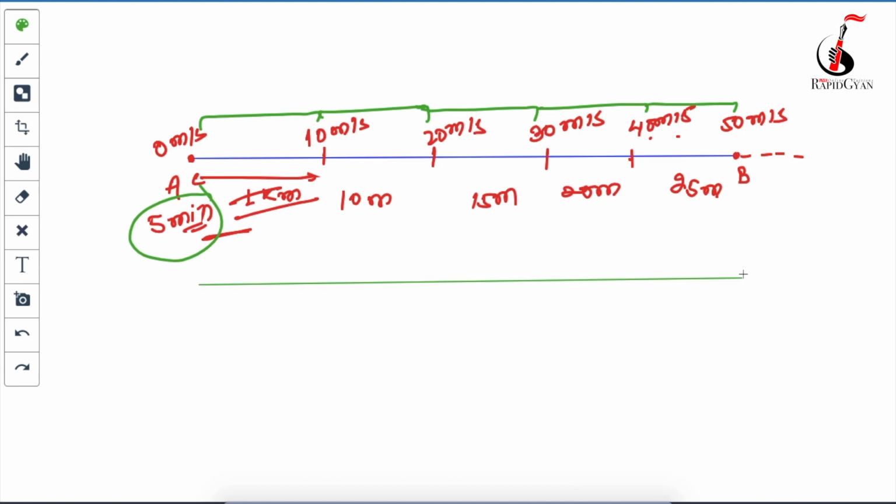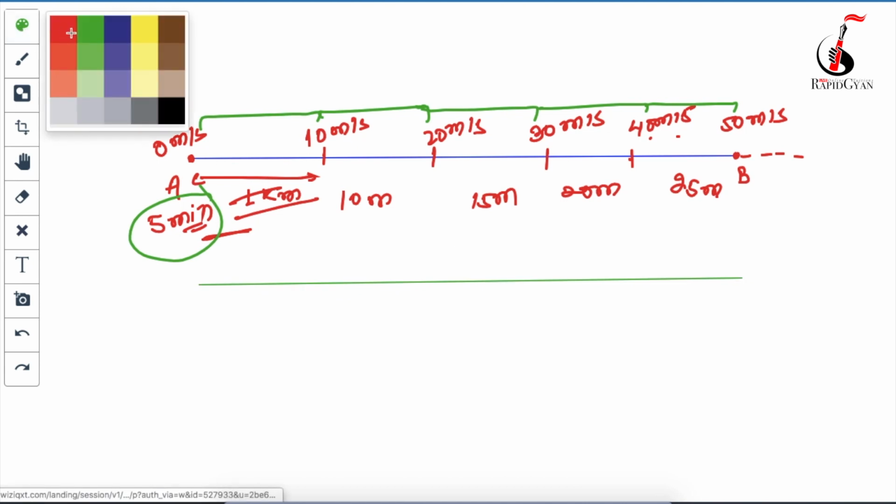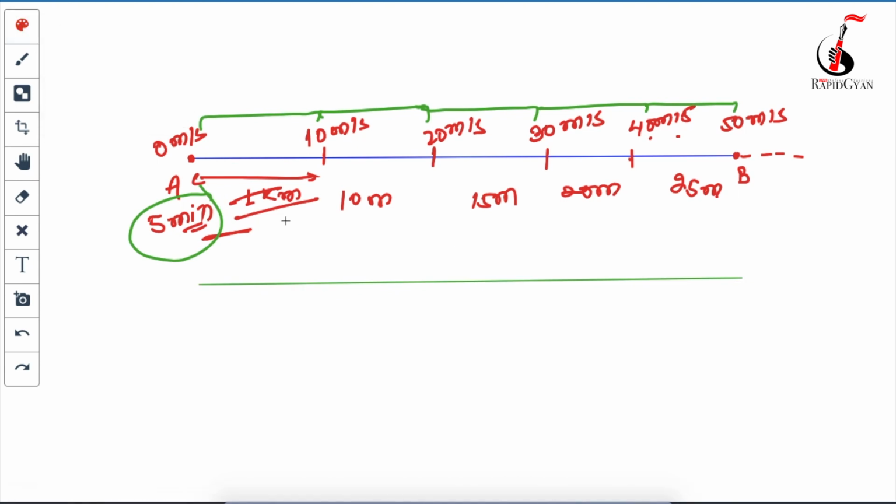There is one more scenario I will explain. Suppose this is the line, and you are going the same way, but this time after every 5 minutes, suppose initially you reached 5 meter per second, then 25 meter per second, then you went to 45 meter per second, and then 50 meter per second.